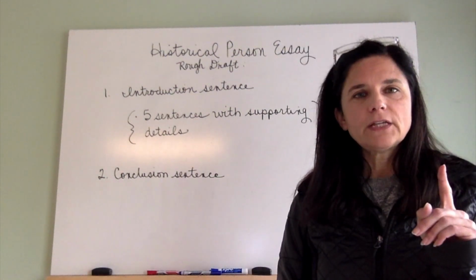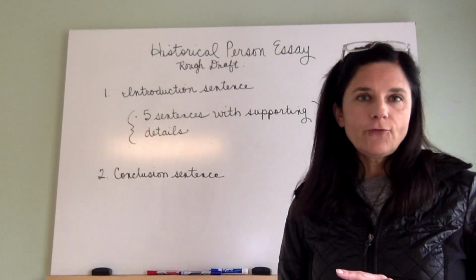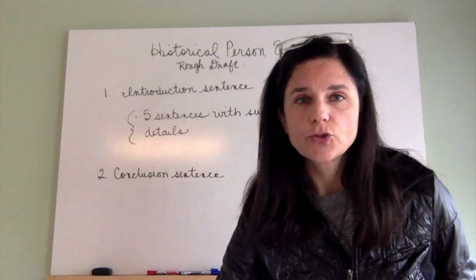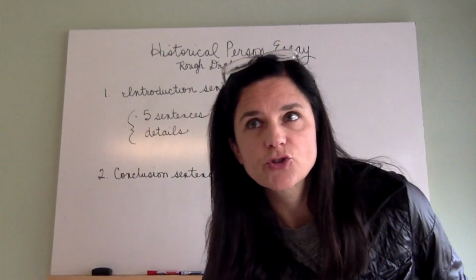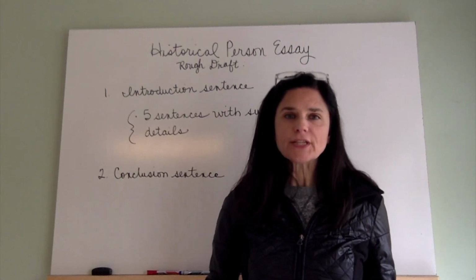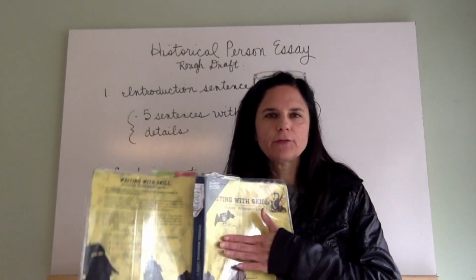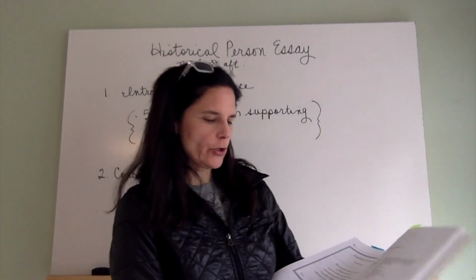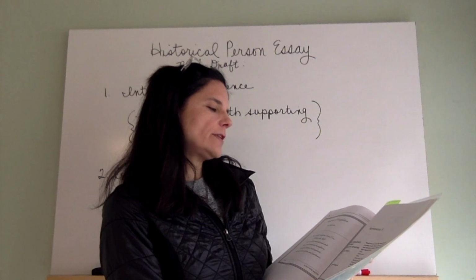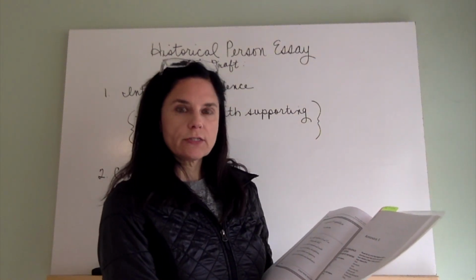I'm going to pause the video and get the writing folder, and if you can get your writing folder as well, I'll direct you to where those transitional words and phrases are. Okay, so in your writing folder, or if you can't find it, it would be in the back of your Writing with Skill book on page 485. There's a list of time and sequence words.